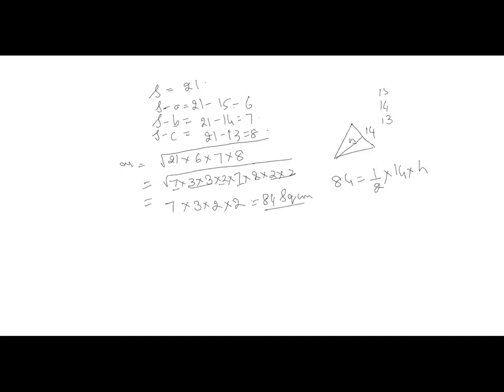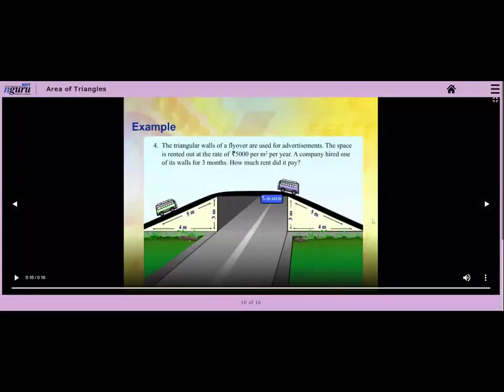What is the value of h now? This is 7. So h will be how much? 84 by 7 is 12. So the answer is 12. Correct? Yes, ma'am.